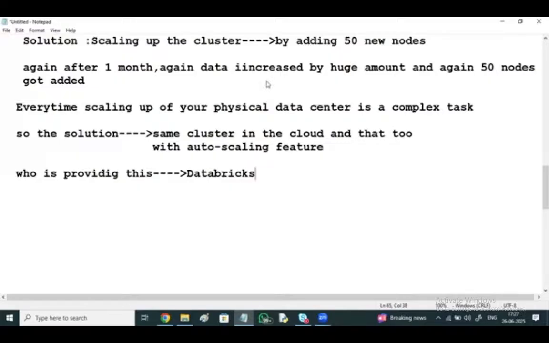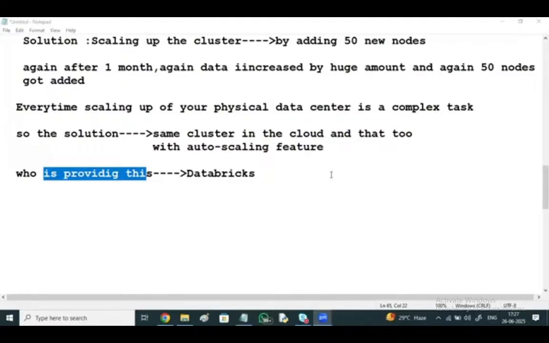Will it be stored in the memory or metadata? See, generally, yes Satish Kumar, Spark data will be divided into partitions.